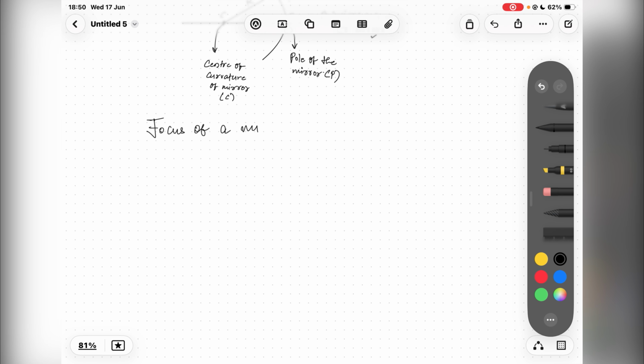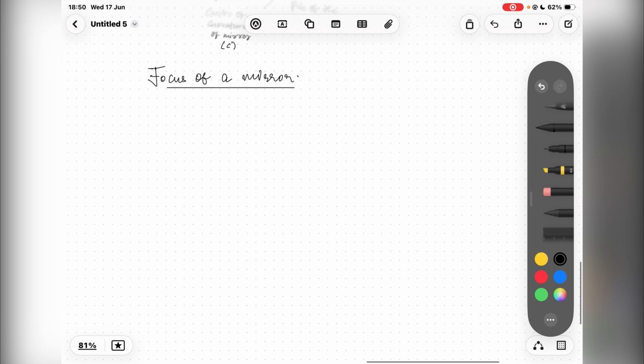Focus of a mirror. Suppose we have a concave mirror like this. This is our principal axis. Suppose this is the center of curvature of the mirror.